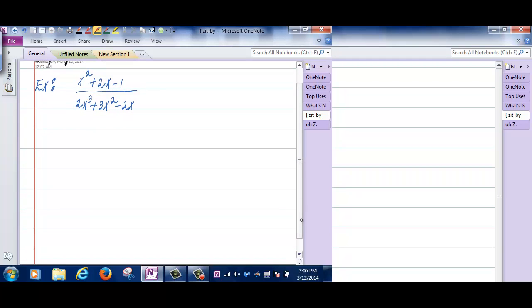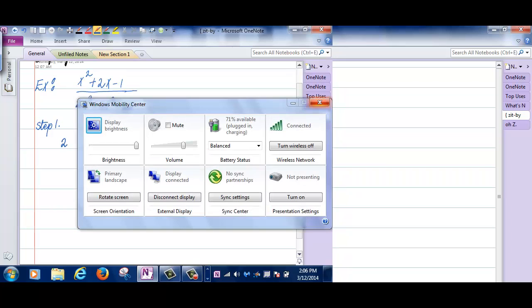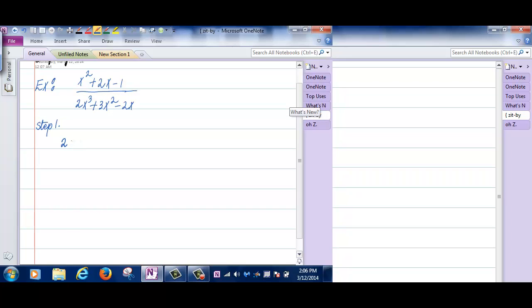Now let's recap the steps. What is step number 1? Step number 1 is that we need to factor the denominator completely. I start with the denominator 2x cubed plus 3x squared minus 2x.